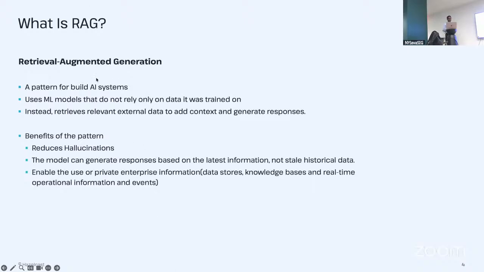Pause there. But so what are the benefits of the pattern? It reduces hallucinations. The model can generate responses based on the latest information, not just stale historical data. It enables use of private enterprise information. One of the interesting things for the company I work for is that it enables the use of information that was generated in real time.